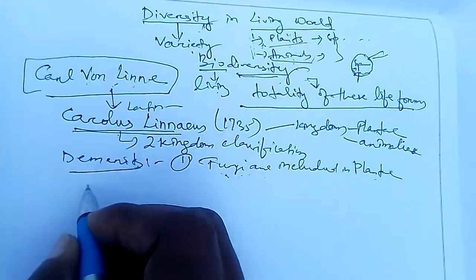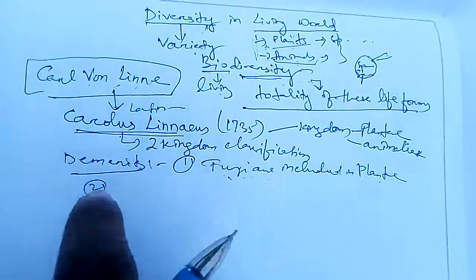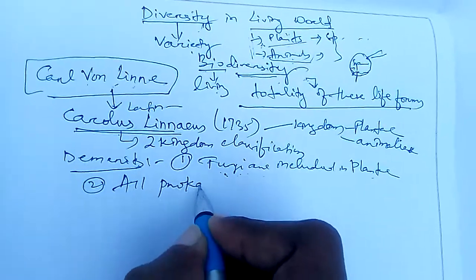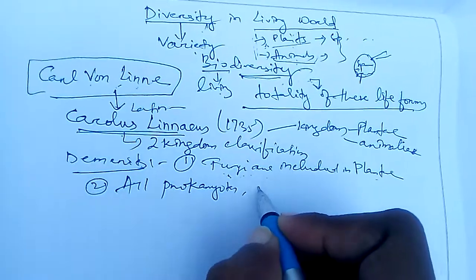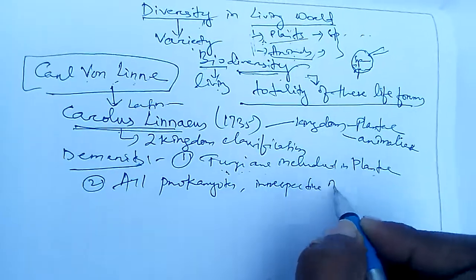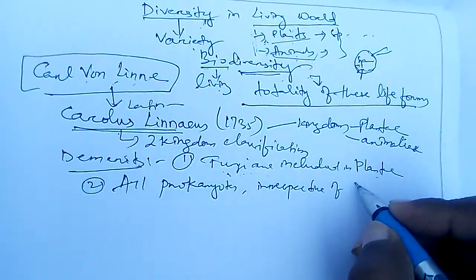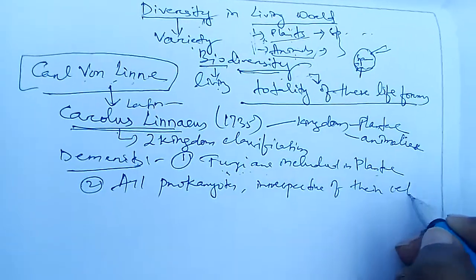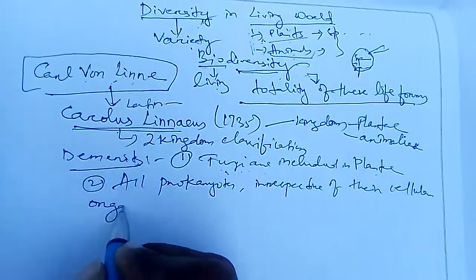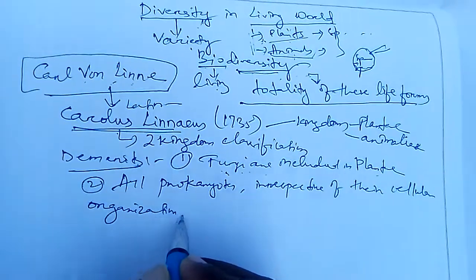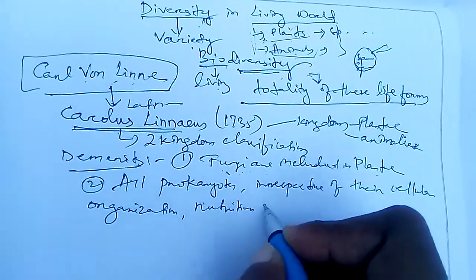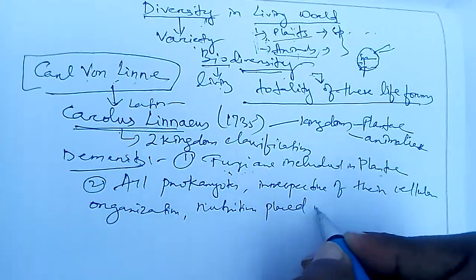Another second demerit was that all prokaryotes, irrespective of their cellular organization or nutrition, were placed in Plantae.